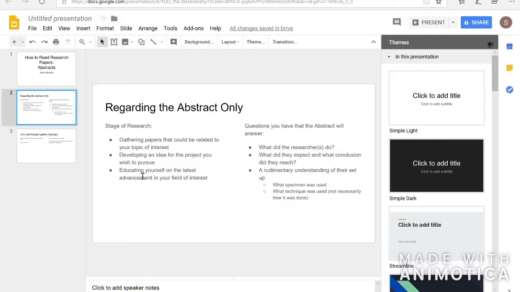And lastly, even if you're not trying to develop an idea or gain papers related to your idea, it's good to read the abstracts to see just how far research has gone in your field of interest.